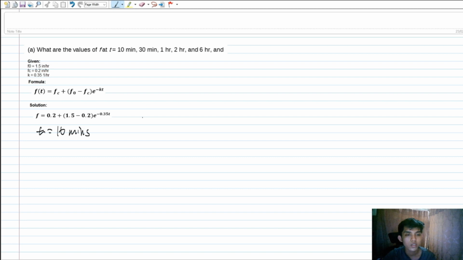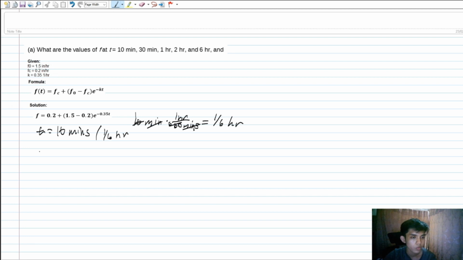For us to convert it to hours, we need to multiply 10 minutes by 1 hour over 60 minutes. So we will cancel the unit minutes, and this will become 1, this will become 6. So 1 over 6 hours. So we have t is equal to 1 over 6 hours.